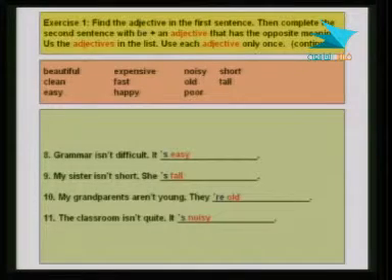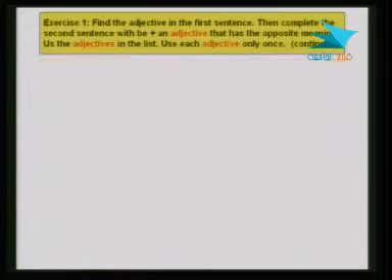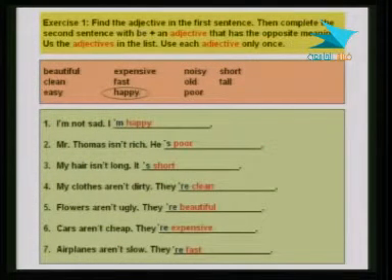Now, one thing I would like to mention here is that if you look at the verb be here, that's isn't, aren't, isn't. These are the short forms of the verb be with the negative word not. We're putting them together. And in the previous slide as well, look at that.